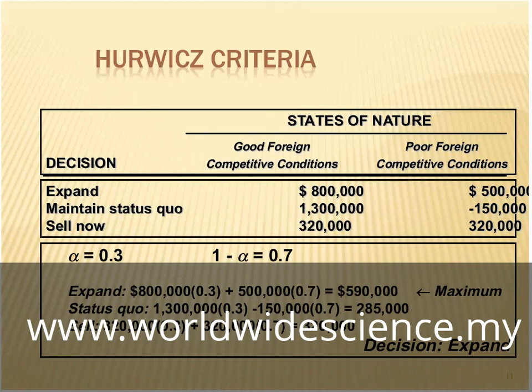When you allocate a coefficient of optimism to good foreign, when you say 30% we have good foreign, it means that the poor foreign competitive condition is 70%. It's very easy. When you say 30% is good foreign, it means that the poor foreign is 70%. This is the reason that you should calculate 1 minus alpha for the other state of nature.